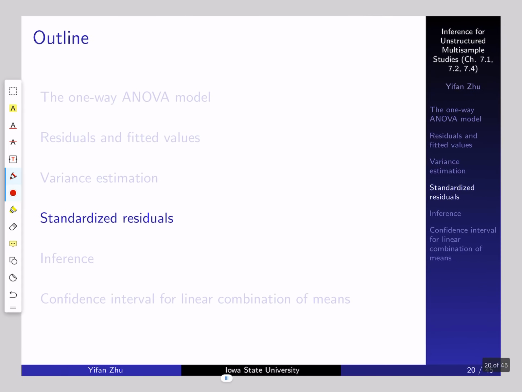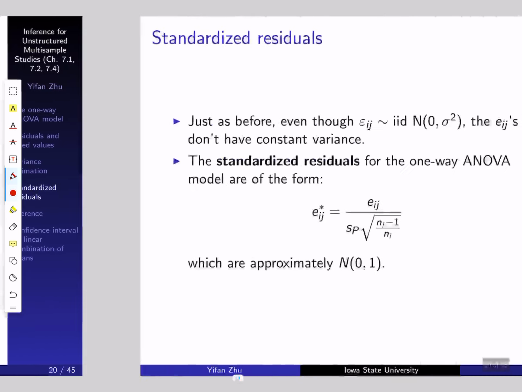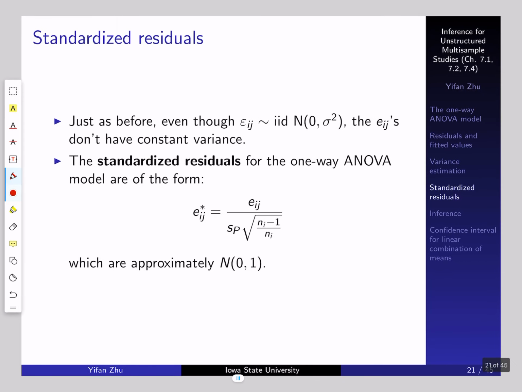Okay, that is the estimation for the standard deviation. And we also have the standardized residuals, as in simple linear regression and multiple linear regression. Although the epsilon ij's are IID with mean zero and variance sigma squared, the e_ij's do not have a constant variance.